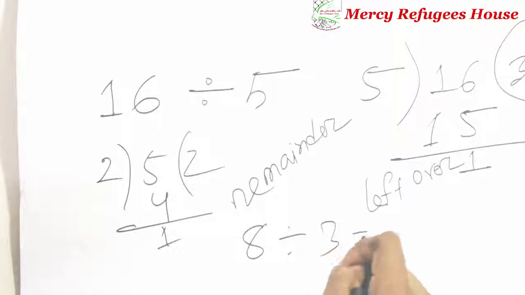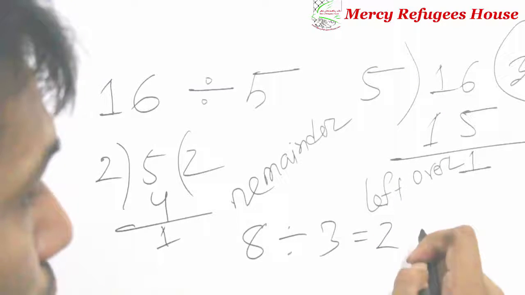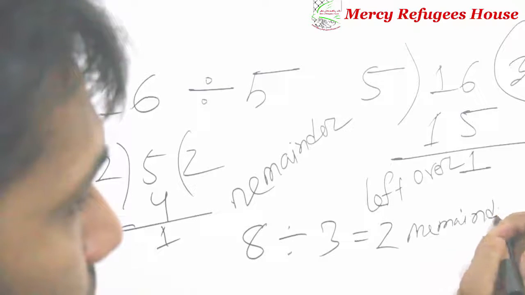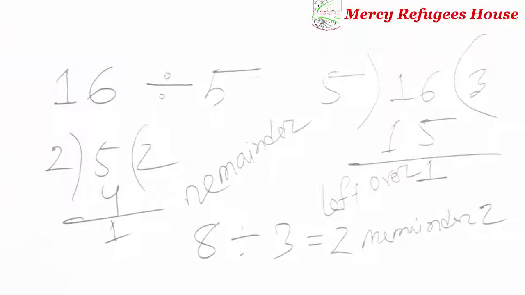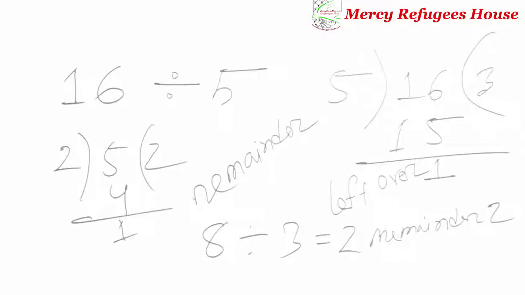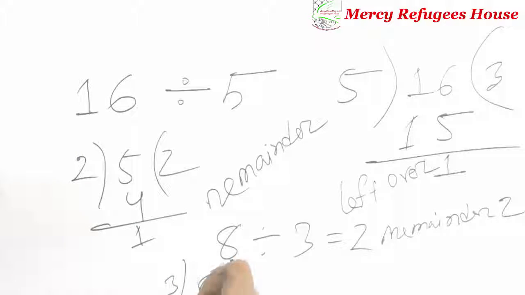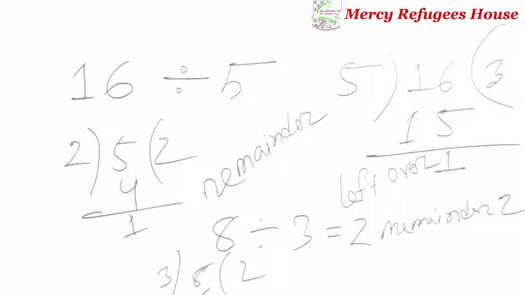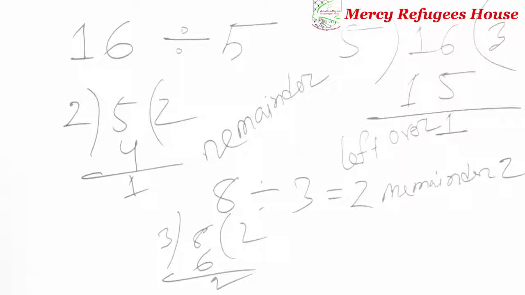If you do this, 3 times 2, 6, and we have a remainder of 2. We get it like this: 3 into 8, we get 2, 6 and 2. Now this is how we do it. Make sure the student learns it perfectly.